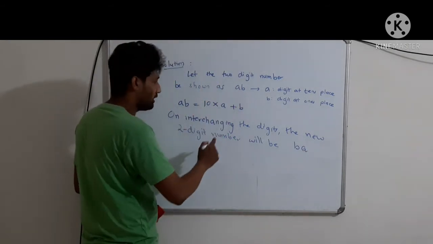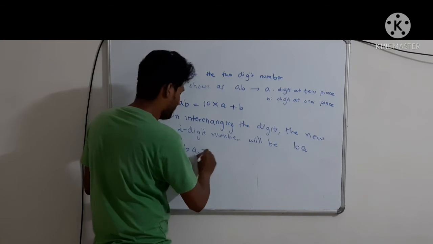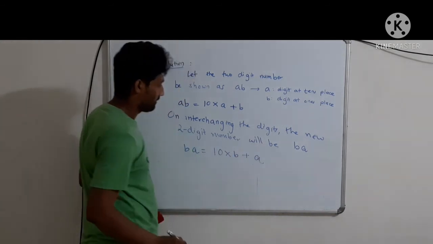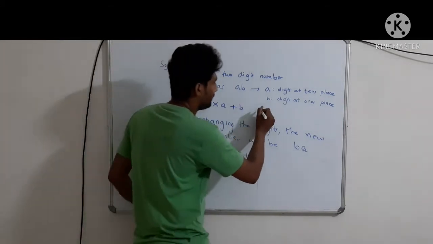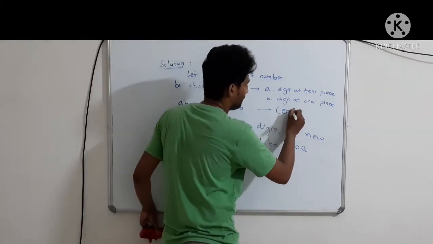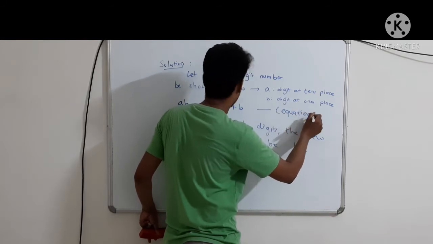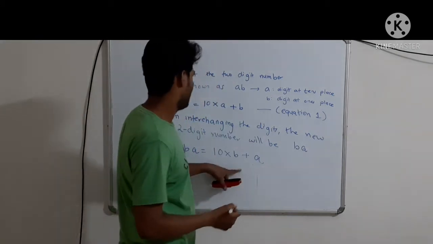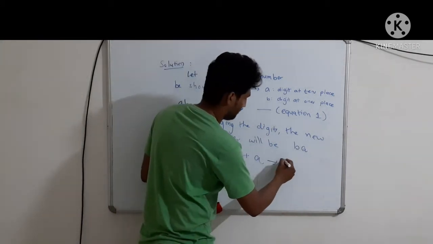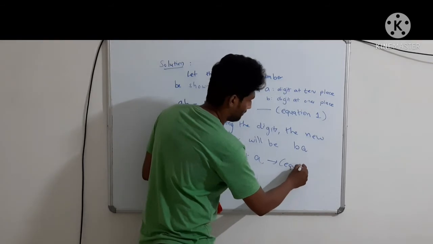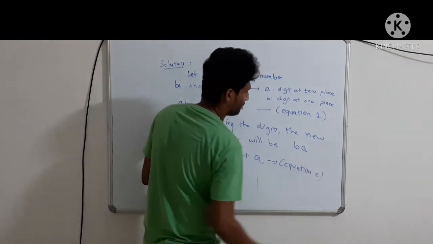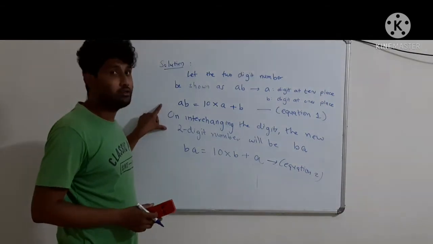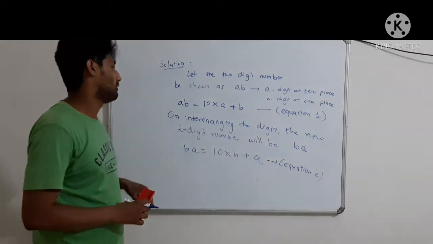AB becomes BA and BA will be equal to 10 into B plus A, right? Let us call this as equation 1 and this as equation 2. Okay, now we have to add the two numbers.